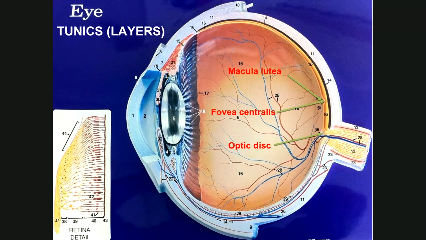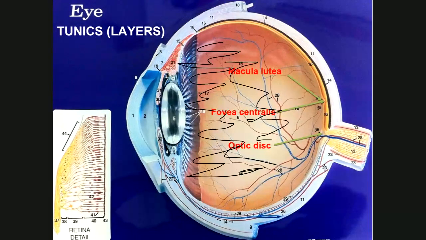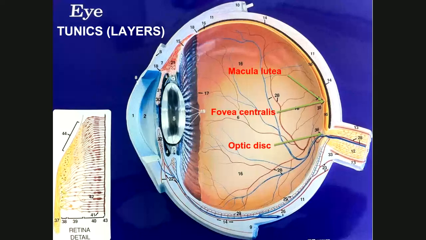Our brains fill in the blank. But again, rods basically everywhere. So here's the rods, except here, no rods. Cones, basically everywhere. And they have the highest concentration right here. That's where they are in high number.